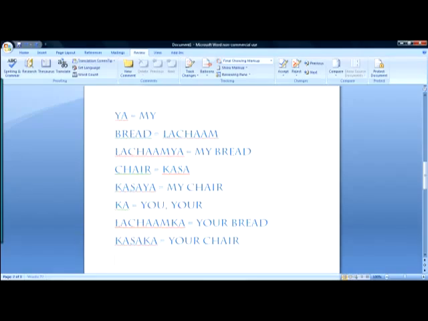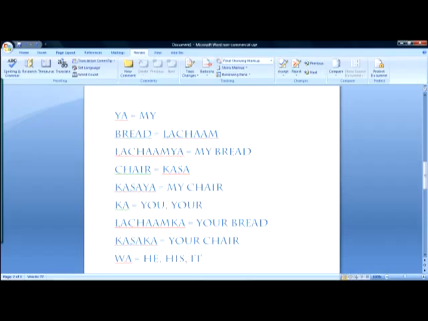Now the next one we're going to deal with is the letter wa. The letter wa at the end of a word means he. It could also mean his, and it could also mean it. I want to show you some examples, and if we have a chance at the end of this lesson, I'll go back to this, because there was something I wanted to show you, brothers.